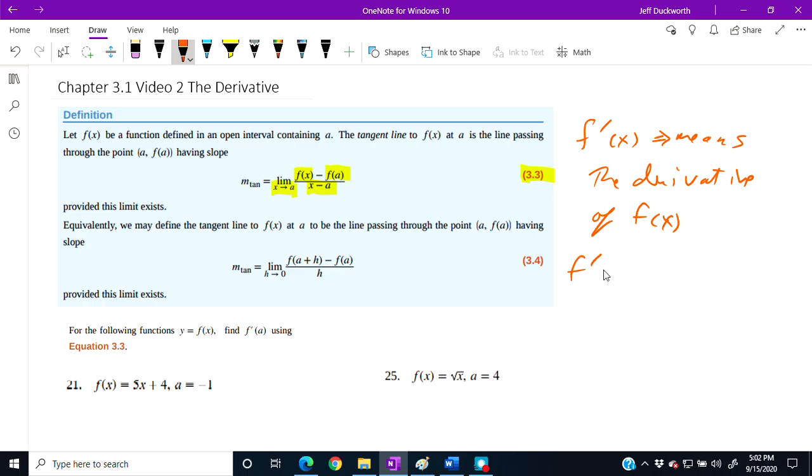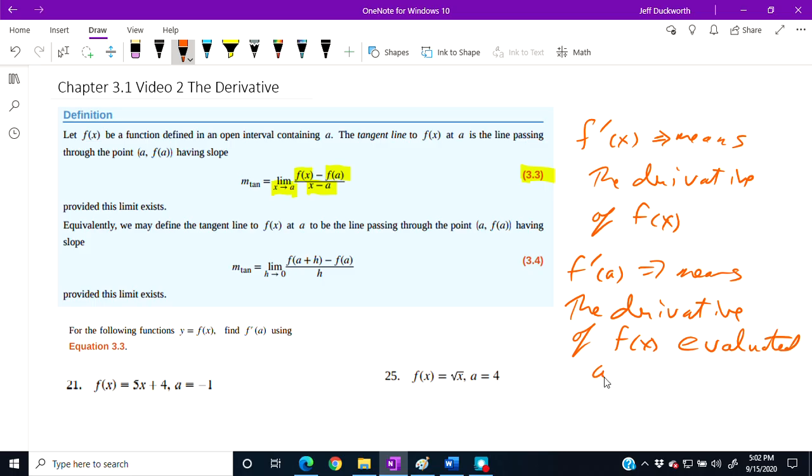And f prime at a means the derivative of f of x evaluated at a. And that a is the point a. All right.